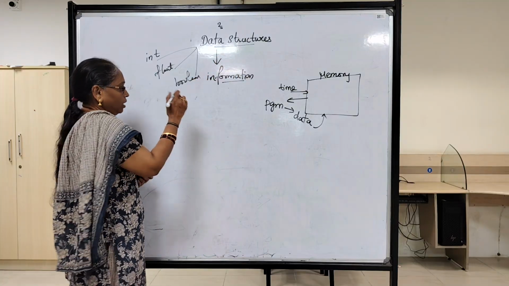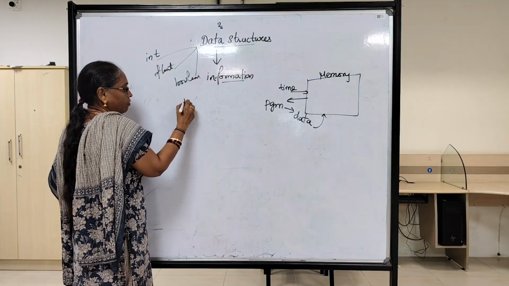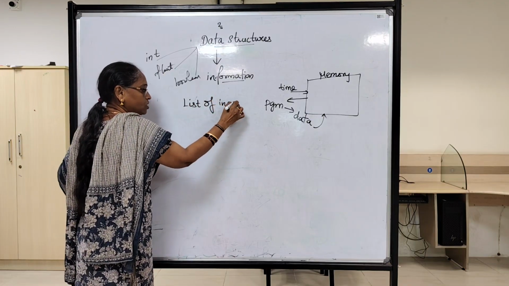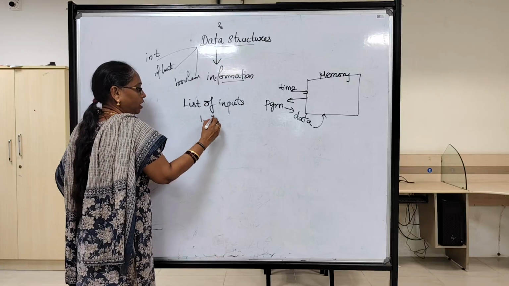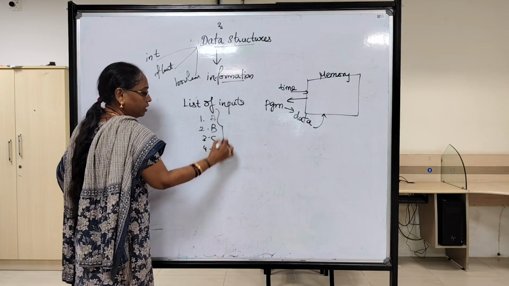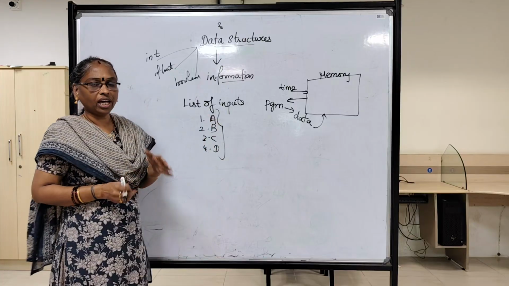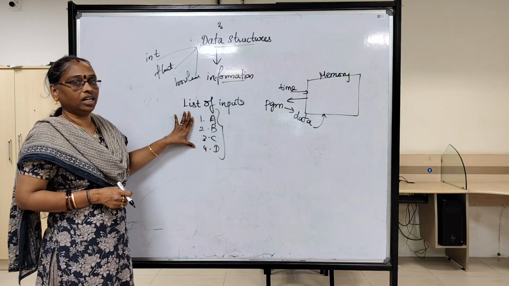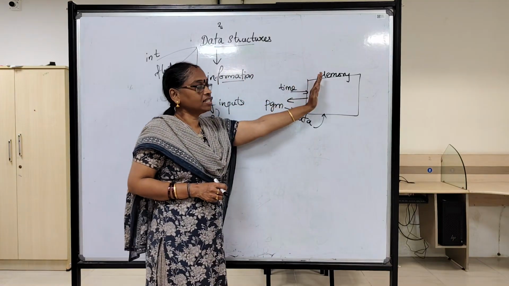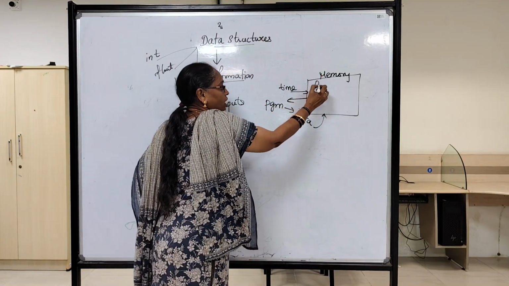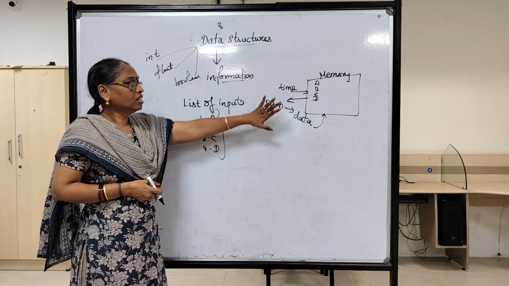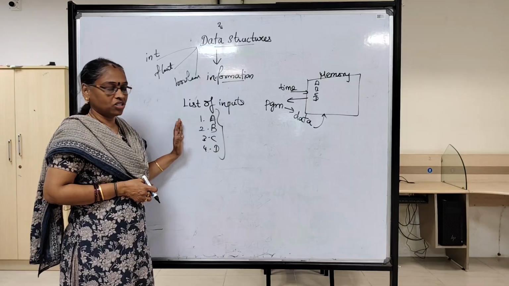For example, I have a list of inputs to be stored, maybe A, B, C, D. There is no other extra structure I require. I just want this to be a list of inputs. So I can store the data as a list in memory so that I can retrieve one after another to do the process. This is one kind of requirement.